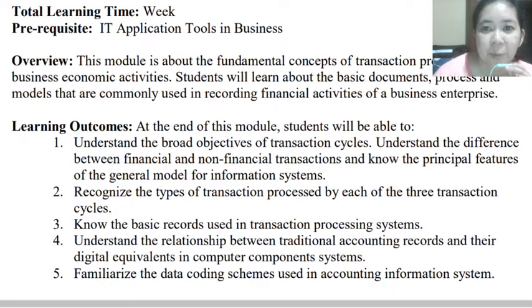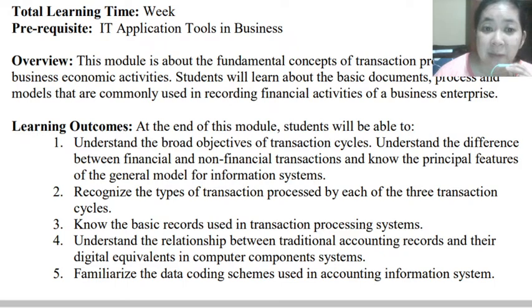Okay, so here our learning outcomes is for you to understand the broad objectives of our transaction cycles. You will also understand the difference between financial and non-financial transactions and also know the principal features of the general model for our information systems. Also, to recognize the types of transactions that are processed by each of the three transaction cycles that we will be discussing.